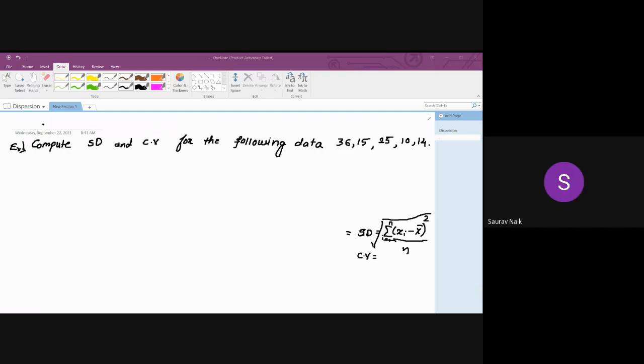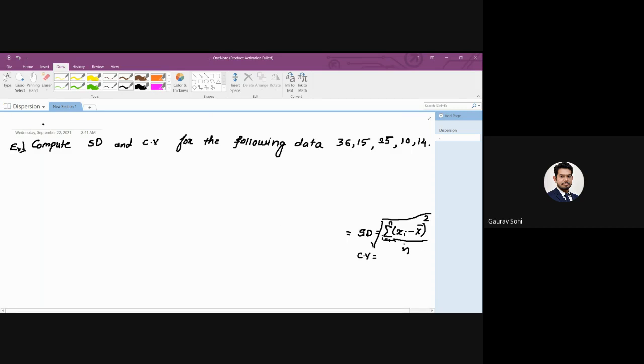Sir, can I tell? Let Khushi speak. Under root summation fi (xi minus x bar) whole square upon summation fi, where i is running from 1 to n. And that is for the frequency distribution.